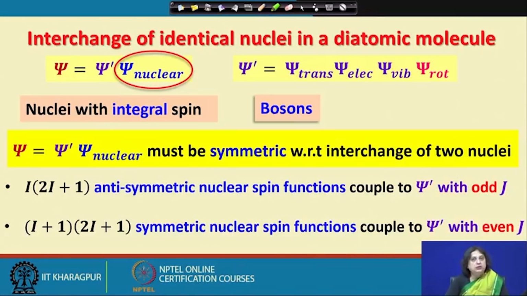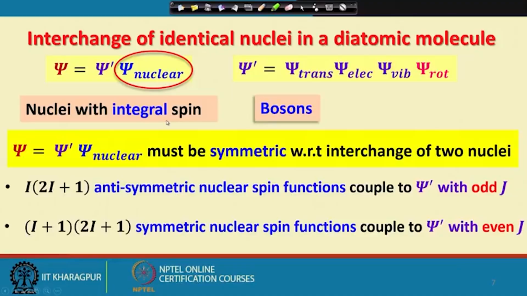Now, let me look into the different cases where I have the different spin properties of the nucleus, whether it has an integral spin or a half integral spin. If I consider first the nuclei with integral spin, by definition these are bosonic particles, and for bosonic particles, as we have discussed in our earlier lectures, the wave function must be symmetric with respect to exchange of the identical nuclei or the two particles.